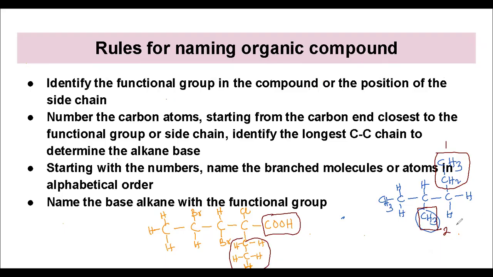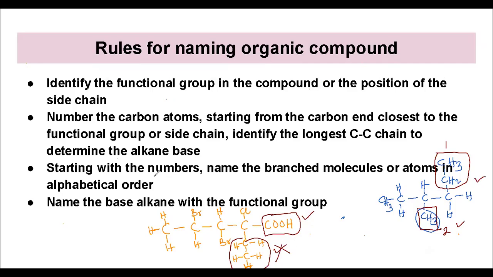In this case now we have only a side chain group, no functional group. So the side chain group is what we're going to use to determine the numbering of our carbon. But in this case, we have a functional group and then we also have a side chain. So what determines the naming of a compound here, or the numbering of a carbon atom, will be the functional group, not the side chain.